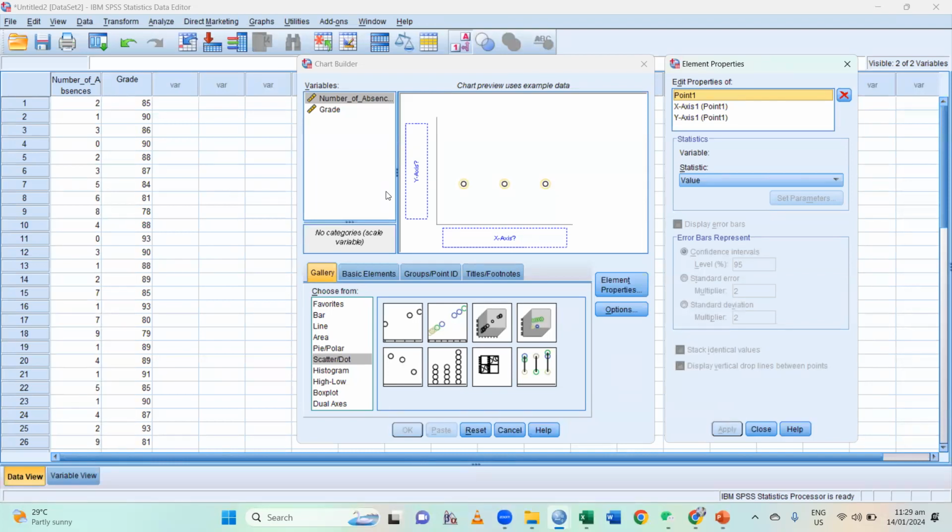Absences, sir. Correct. Literature would support that number of absences affects grade. So what do I put on the x-axis, number of absences or grade? Number of absences, because that's your independent variable. The grade is your dependent variable that we place in the y-axis. And with that, you may now click OK.